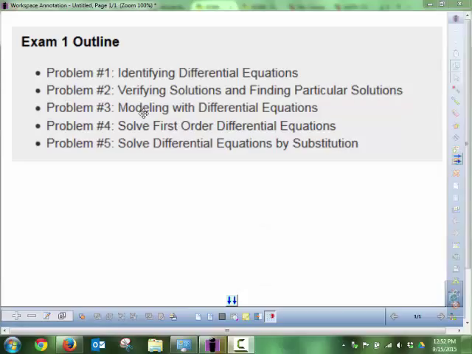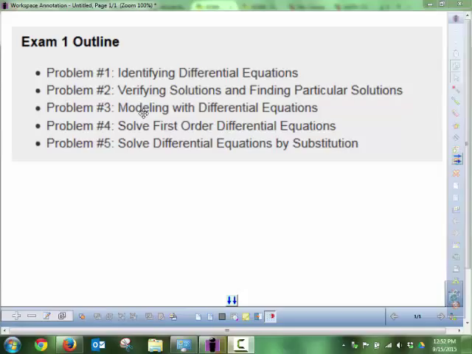Number 3 is modeling the differential equation. Now you had some modeling questions in section 1.3, but most of the modeling questions are from section 3.1 or 3.2.